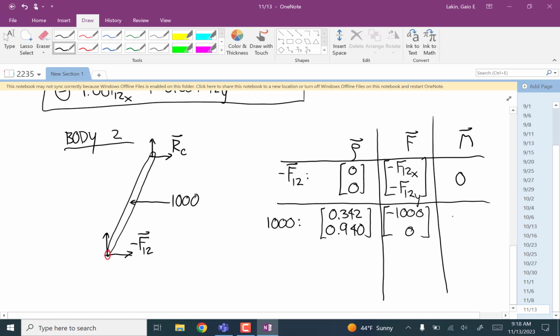So the cross product is positive 940. It would be negative because, isn't it? Yeah, it's 0.342 times 0 minus 0.94 times negative 1,000. So it comes out positive.